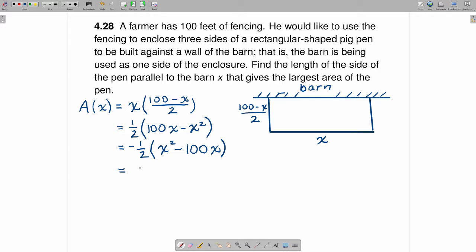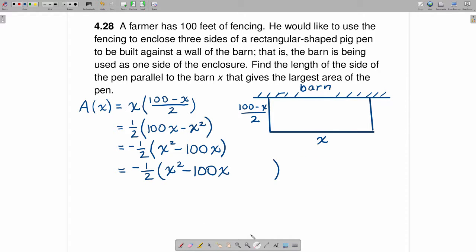Now, it may not be the obvious next step here, but one thing you can do is complete the square: take x squared minus 100x and add the appropriate value right here that makes this quantity into a perfect square. And of course, we have to adjust for that over here.